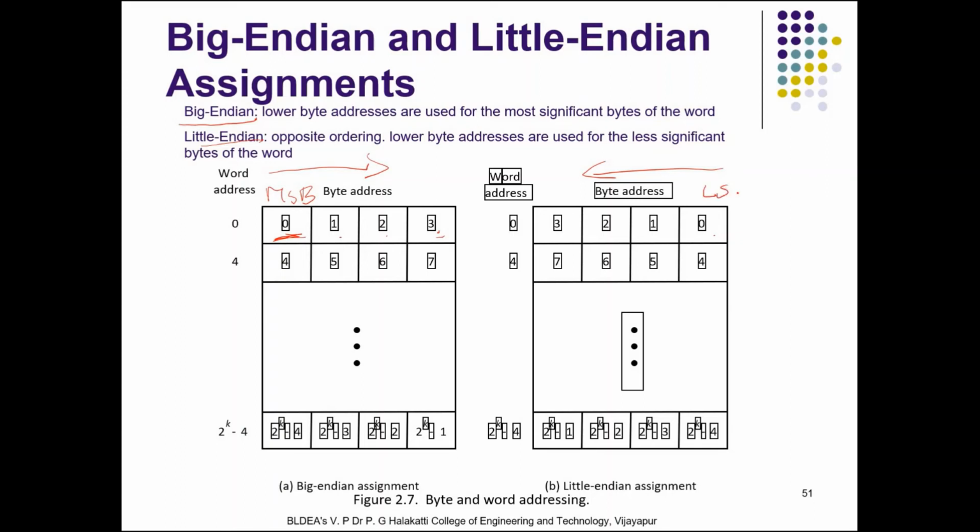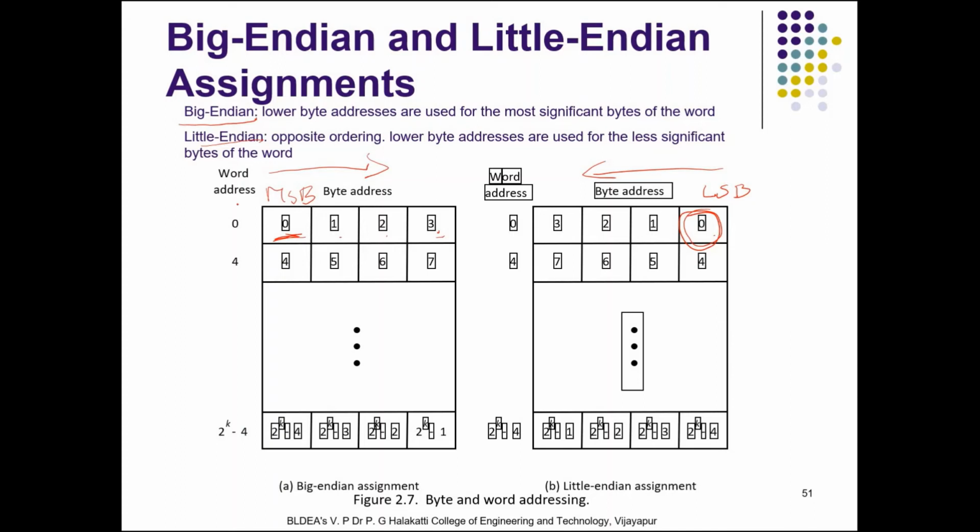That is, for the LSB, I assign the lowest address. That is the main difference between big endian and little endian. The big endian assignment is used in Motorola and PowerPC processors, whereas little endian is used in Intel processors.